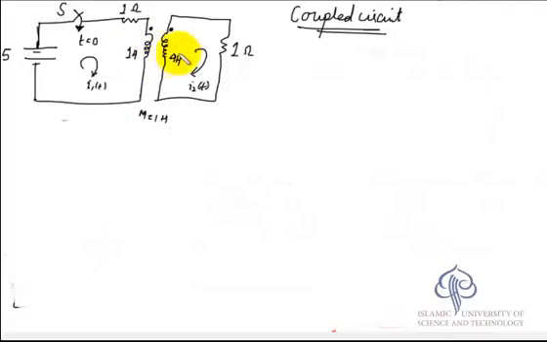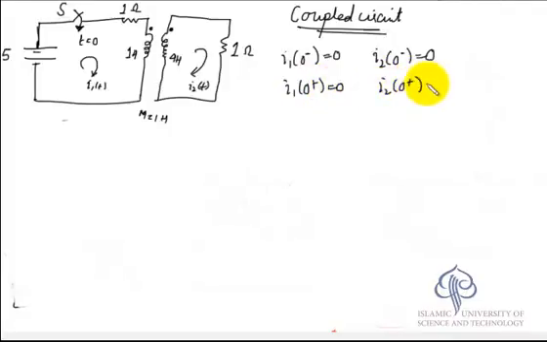What we have here is a transformer which is connected to a DC source at time t equal to 0. The self-inductance of the primary winding is 1 Henry, of the secondary winding it's 4 Henry, and the mutual inductance is 1 Henry. Let us label the two mesh currents as I1 and I2, and we can assume that initially there was no current in the circuit, so I1(0-) is 0 and I2(0-) is also 0, and this is also the case for I1(0+), because of continuity of the inductor current.